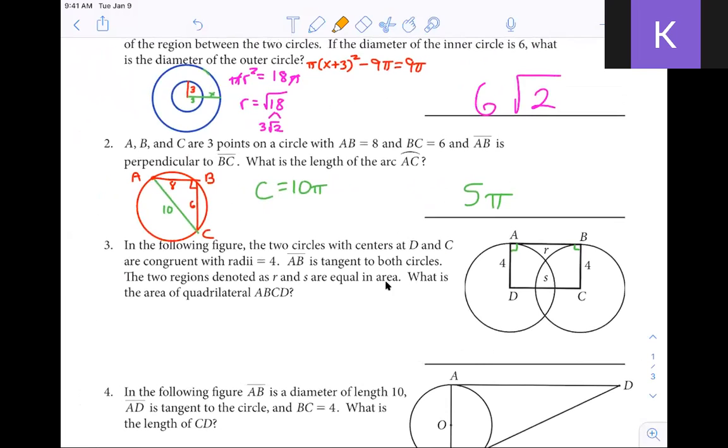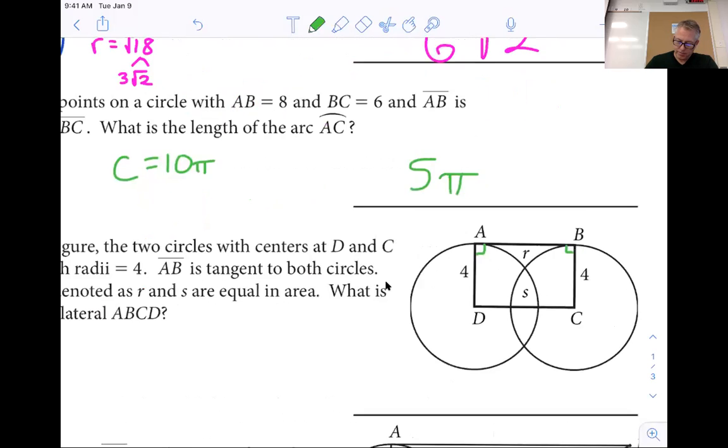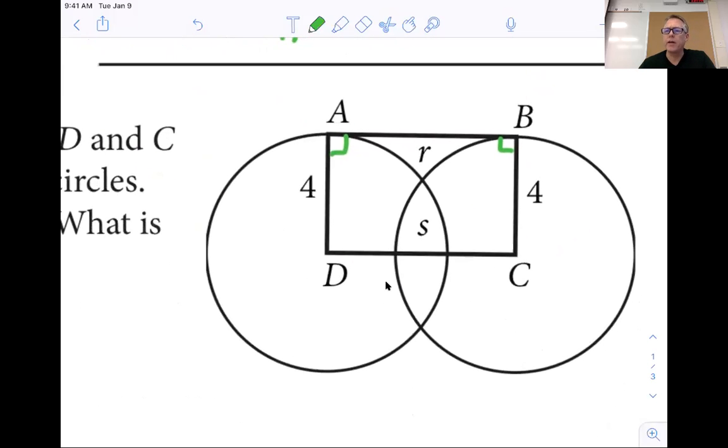The rectangle is half of a circle because it has a quarter of the circle, except S overlaps, but then you can just substitute R for S one of the times because they're both equal. And the area of one of the circles is 16 pi. So since the rectangle is half the circle, it's 8 pi. Okay, so what you're saying, if I'm following you correctly, who said that, Kate?